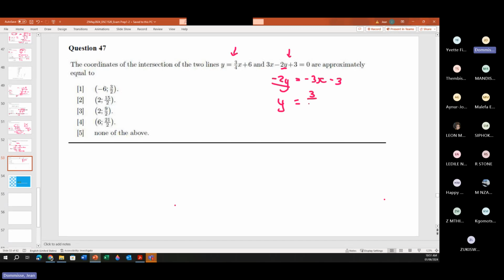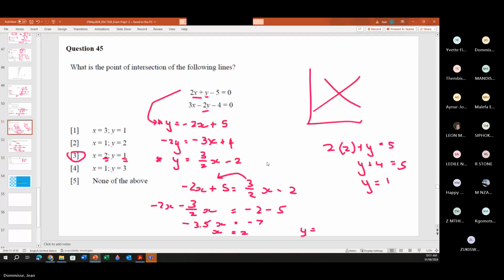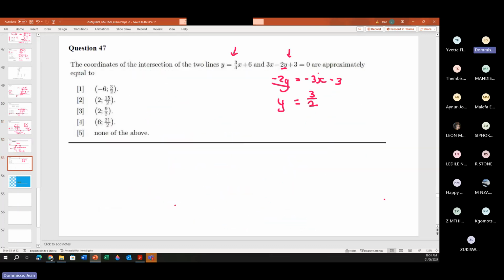Is that not very similar? Okay. And minus 3 divided by minus 2 gives us plus 3 over 2. So one formula, the second formula, we can now say that is equal to one another.